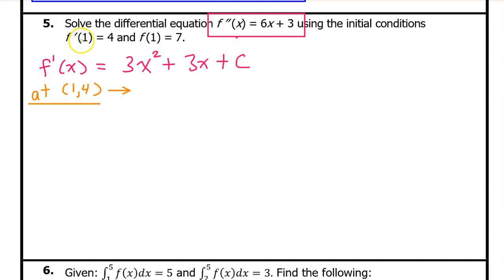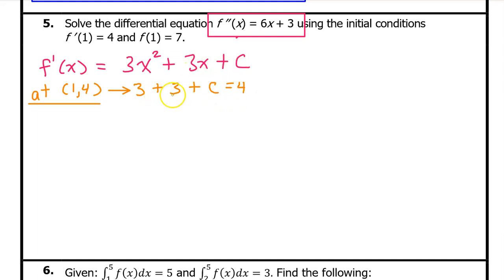We can use the initial condition f prime at 1 equals 4 to find the value of c. At an input value of 1, f prime should equal 4. At an input value of 1, the left side of the equation becomes 3 plus c, and this is all equal to 4.